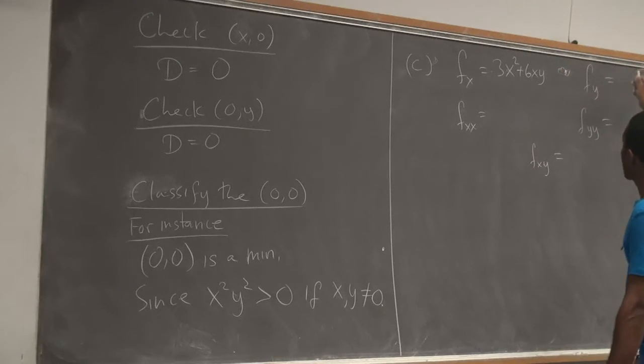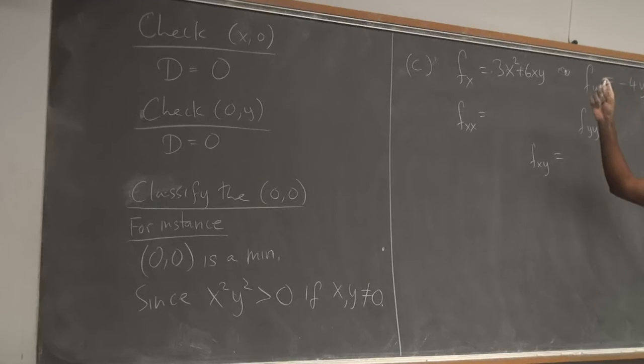And then that's negative 4y minus 8y cubed. Is that right? Plus 3x squared. Oh, sorry. Plus 3x squared. Sorry.